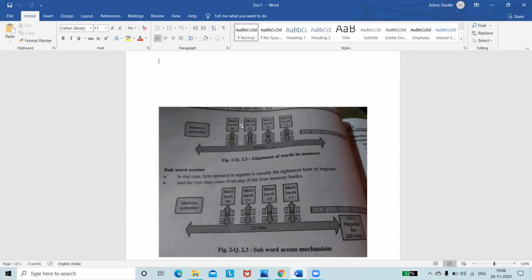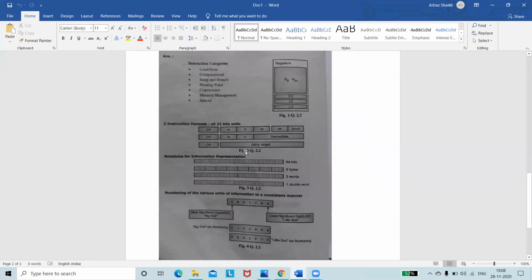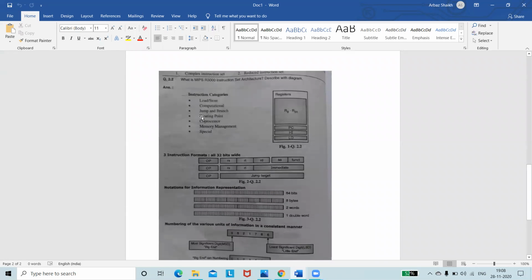So here you can see, in this diagram, output register and function are there in the instruction set architecture. Notation is also given, meaning how 64 bits are represented in this form and how 8 bits are represented in this form.